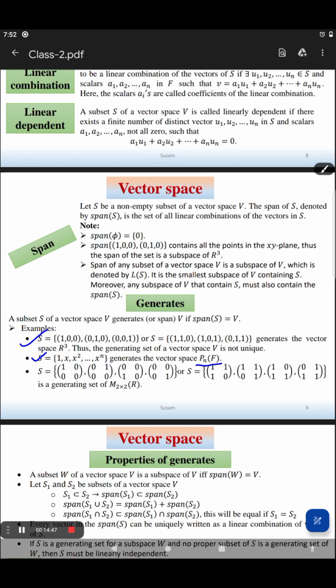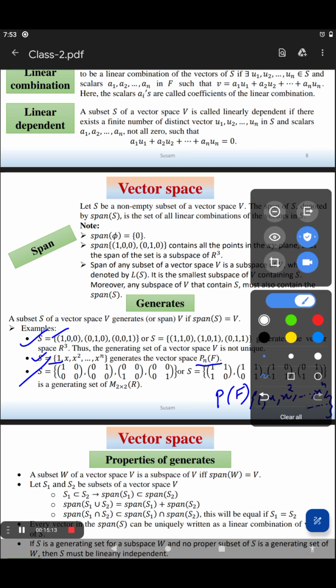Here that is finite, and P_n(F) is also finite. But that is not always true. If you consider the set of all polynomials P(F), then this will be generated by an infinite set. Finally, you can go through this example in matrices.